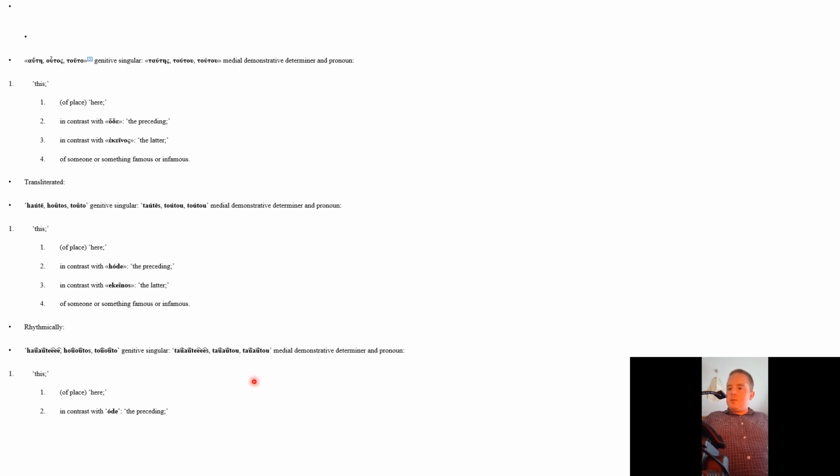I'm sorry, I think this is a mistake. That shouldn't be an alpha, that should be an omicron or an O. So it should be tou. I shall fix this in the notes before I post them in the description. This means this, of place, here, in contrast with ode.